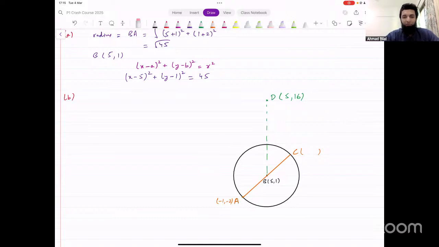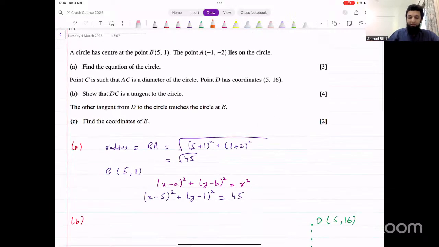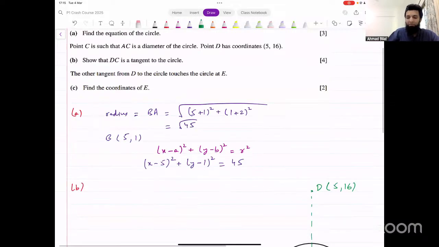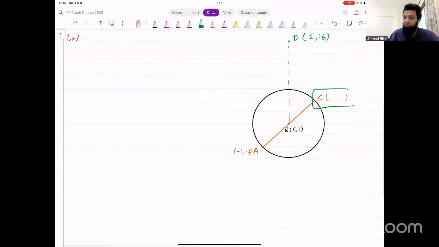We need to prove that DC is a tangent to the circle. Now, how do you do that? One thing, we need to show that point C is on the circumference. Do we need to show that, or do we know that in this case? We know that because AC is a diameter. Since AC is a diameter, that means C has to be on the circumference. That's not something that we need to prove this time. In the previous question, we had to prove that. But in this case, we don't have to.